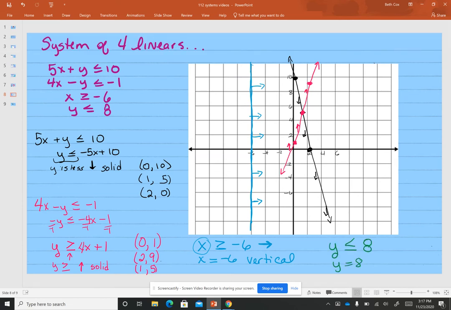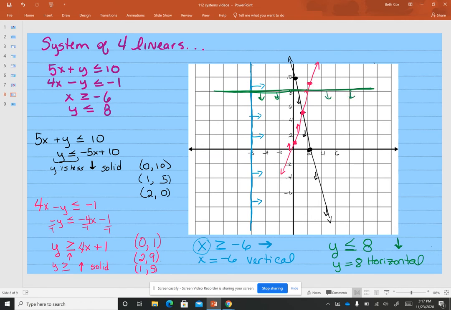So y equal 8, that's a horizontal line. And y is less than, I'm going to shade down again. Y is less, I'm going to shade down. Okay, and this one is also a solid. So I have this line, and I'm shading down.